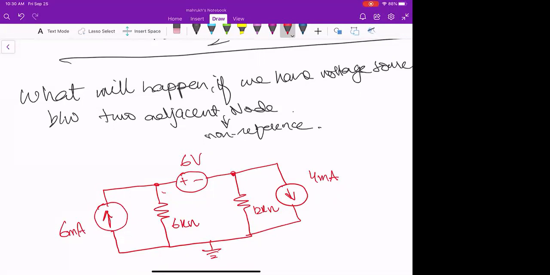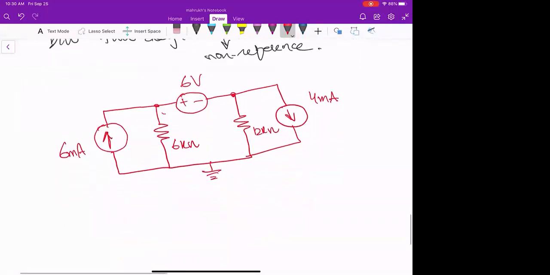In this scenario, we have V1, V2, and the neutral node, okay? When we have a voltage source between two non-reference nodes, we call it a supernode.